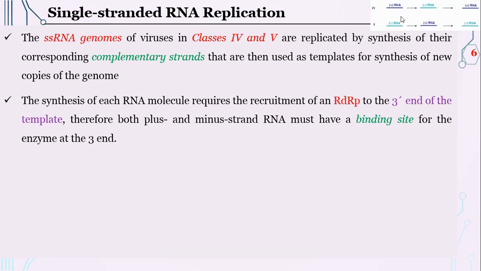That means there must be some specific sequences at the 3' end of an RNA so that RNA-dependent RNA polymerase could recognize that sequence and bind there for replication. Therefore, both plus and minus strand RNA must have a binding site for the enzyme at the 3' end. So the 3' end of both plus and negative sense strands will have a binding site for the RNA-dependent RNA polymerase.